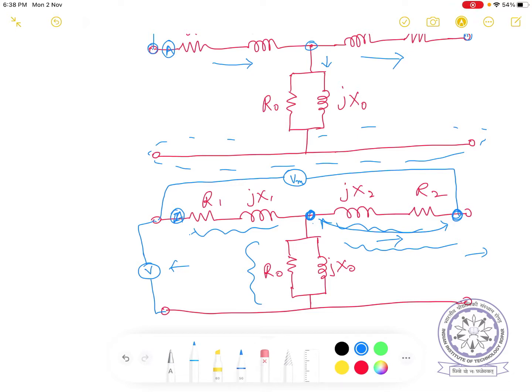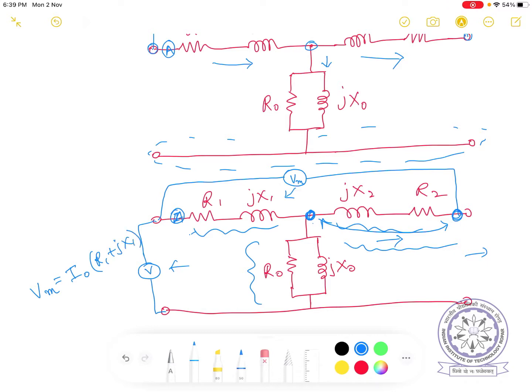Therefore, the voltmeter reading is simply the voltage across R1 plus jX1. Therefore, the voltmeter reading Vm is simply I0, because the ammeter reading is the no load current only, into R1 plus jX1.